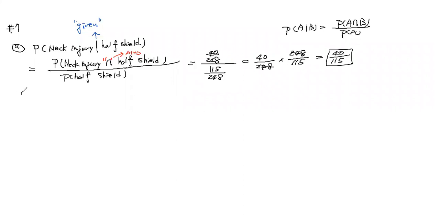Okay, so now let's take a look at part B. Find the probability that a randomly selected hockey player will have a half shield, given that the player is wearing a full shield.